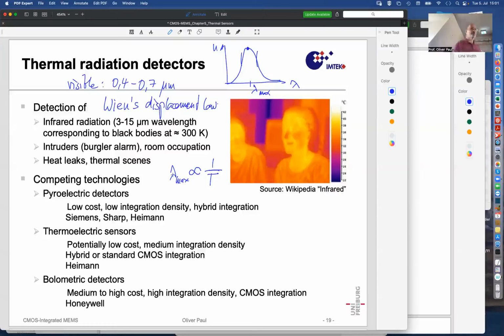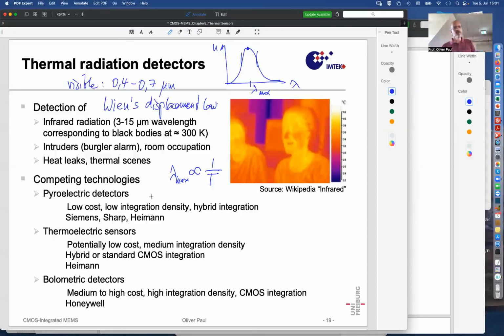It scales with temperature easily. So if the sun is 20 times hotter than us, its peak wavelength is 20 times smaller than ours. Since the sun emits at roughly 500 nanometers, we emit at roughly 10 micrometers. So easy.